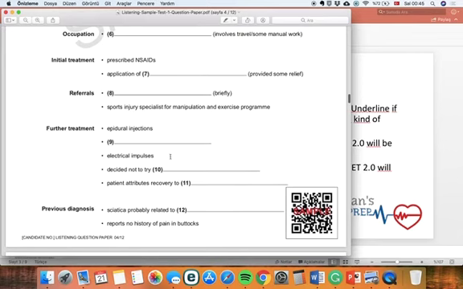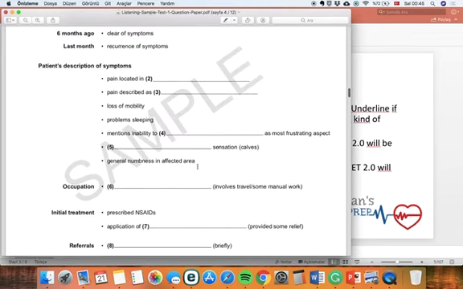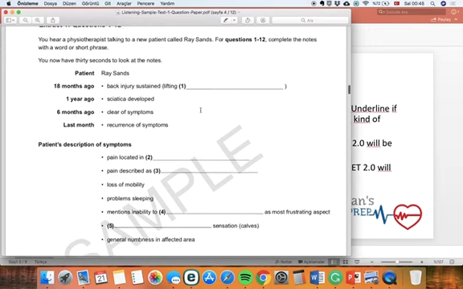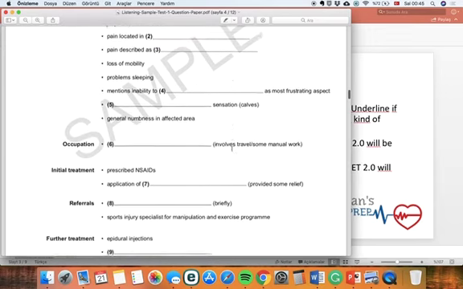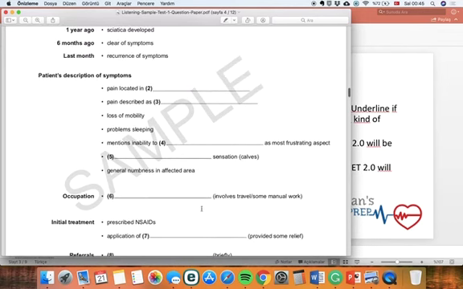It's mostly that you will hear a conversation between a doctor and a patient, and you will fill in this information about the patient. In the previous version of the OET, there were only blank lines in part A. You need to fill everything.